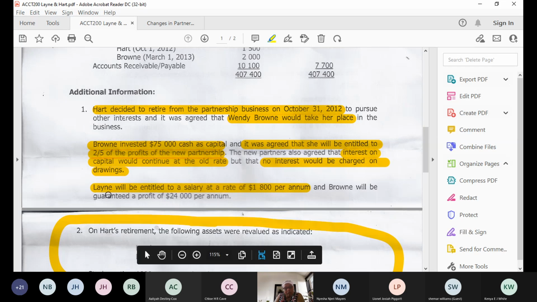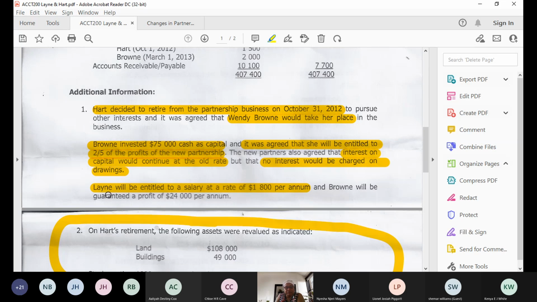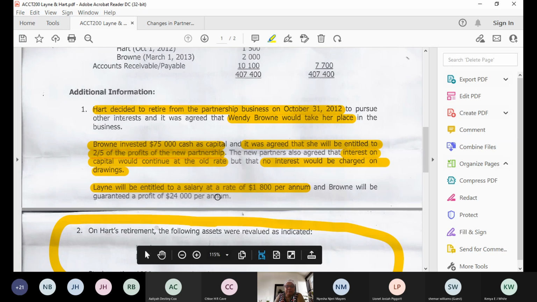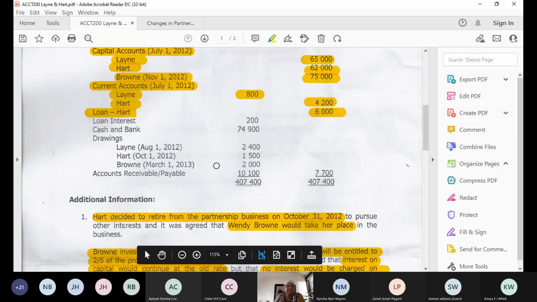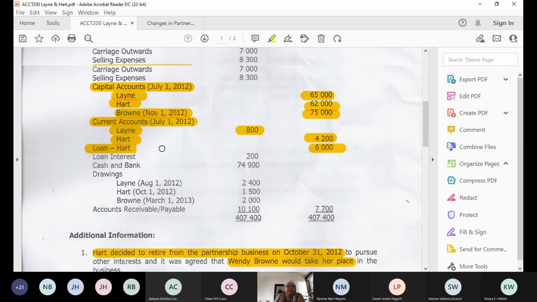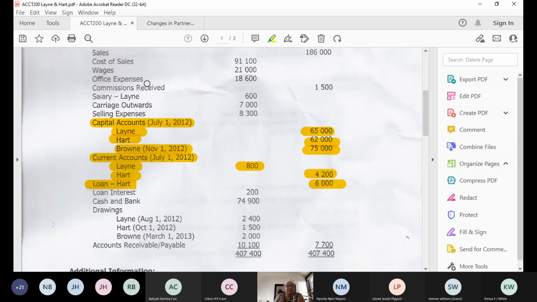So I hope y'all are writing in your books, Layne entitled to salary. So Layne's salary, $1,800 a year. Remember that I said that the salary for a partner is not the same as salary that is given to the people that are working.